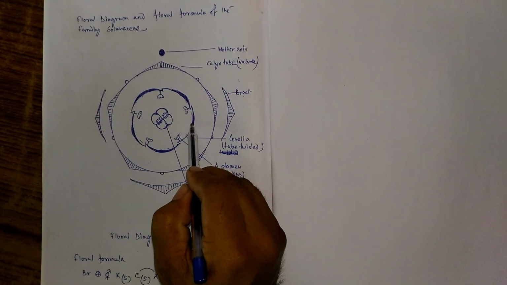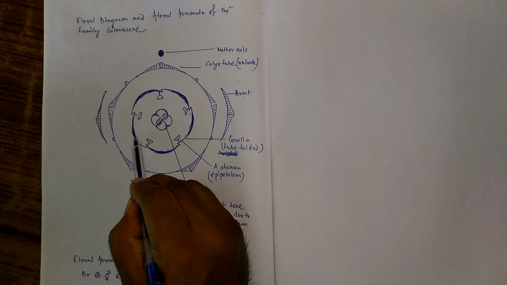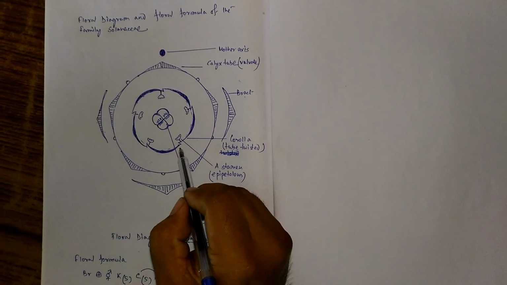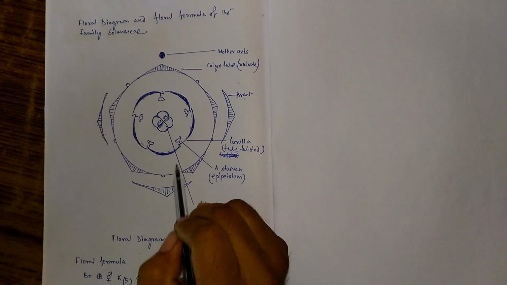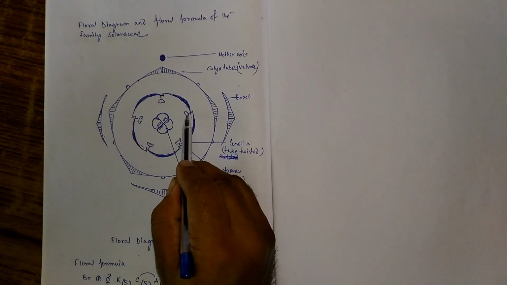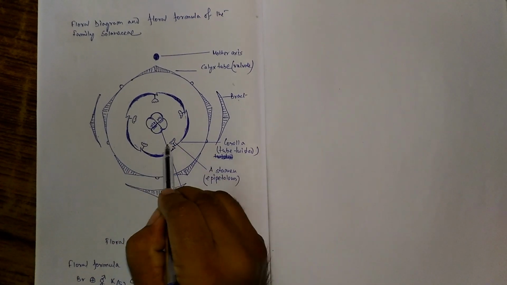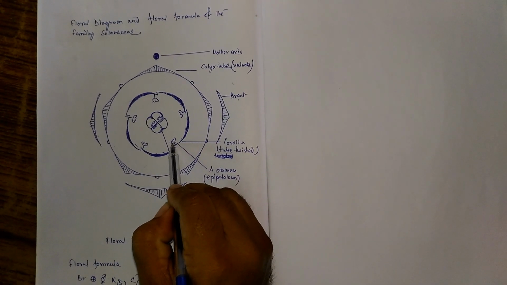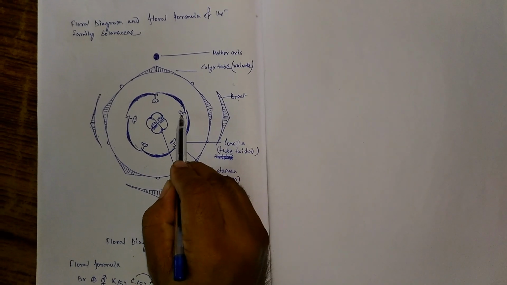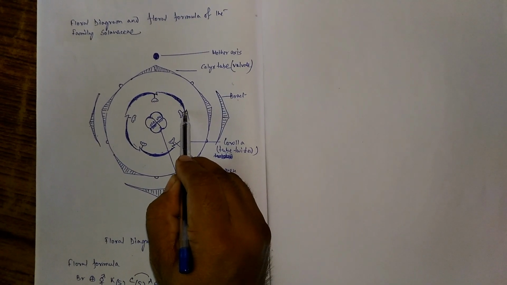It is made up of 5 petals which are twisted in manner. Inside this one, these are the stamens, 5 epipetalar stamens. Each stamen is attached to the petal, so it is epipetalous.